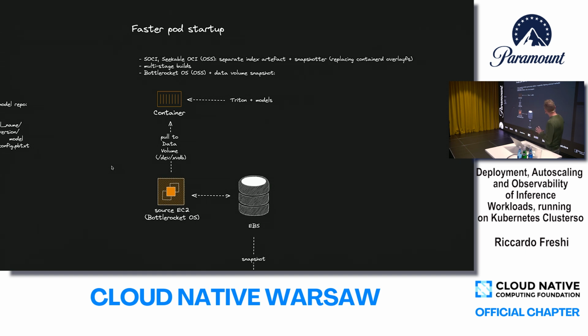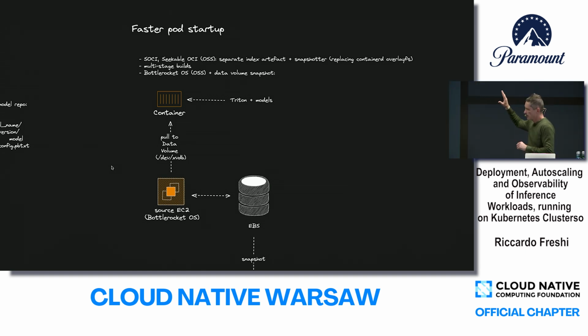By the way, it's again an open source project, which is built on a separate index artifact. So you run your image through a tool which creates an index and basically shows which are the components, the layers of the container that are essential for starting up, and we'll download those first.